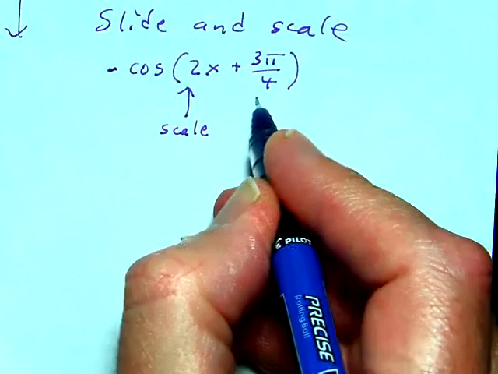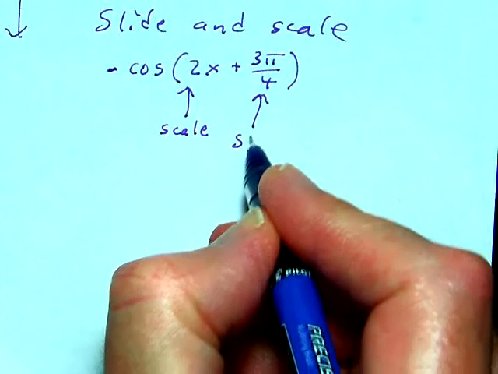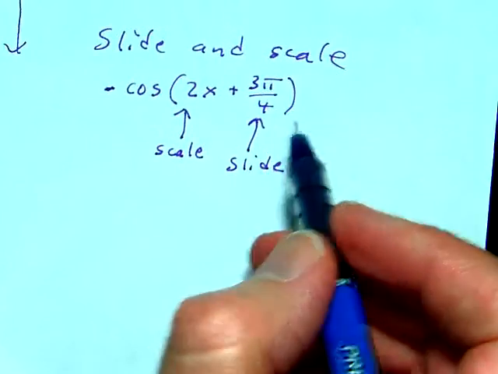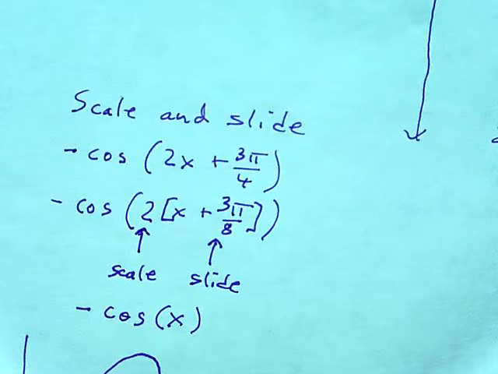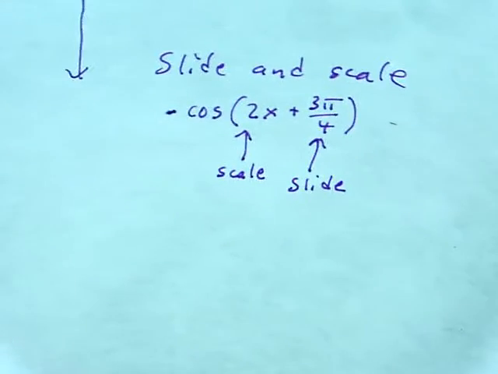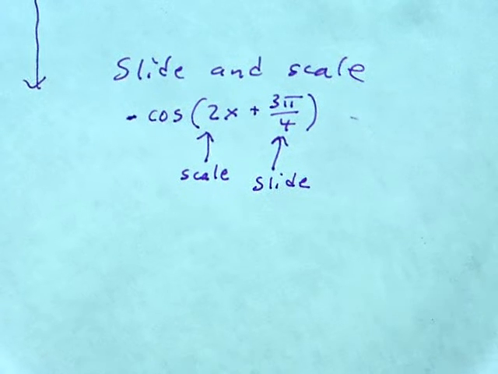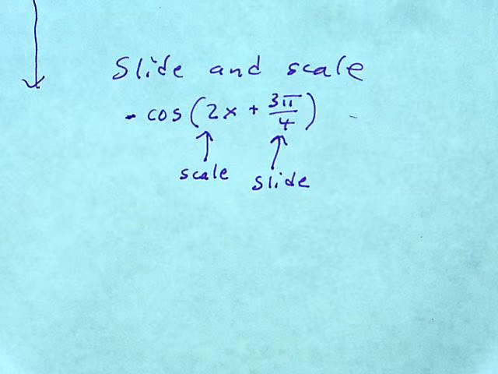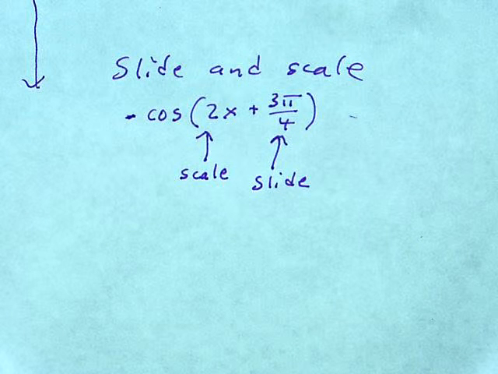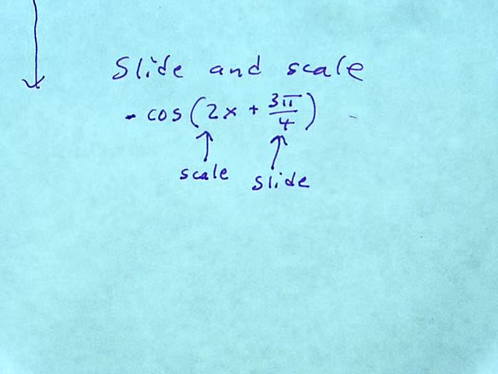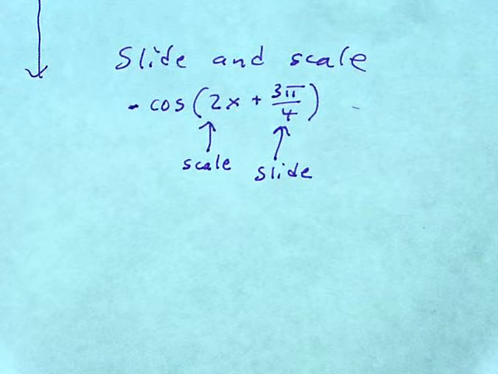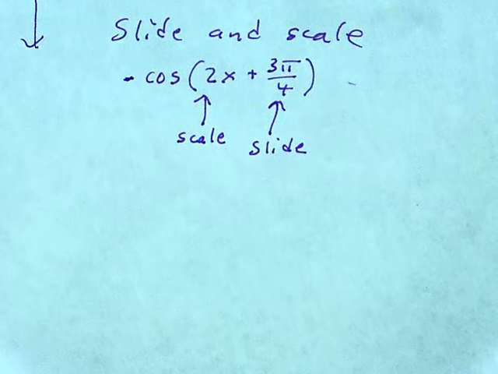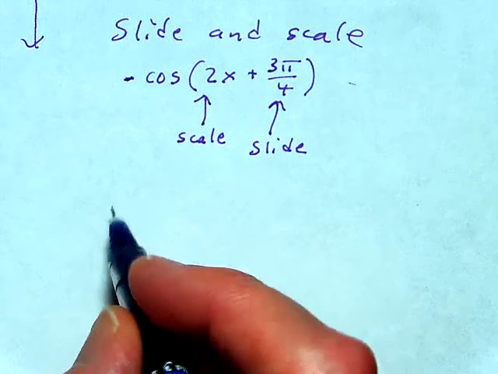It's still 2, but our sliding factor, because we're doing the slide first, is going to be 3 pi over 4. Unlike the other method where we factored, if you do your slide first, you don't factor. You're actually going to slide by 3 pi over 4 and then scale by 2, or by 1/2 actually. You're going to be dividing by the coefficient of x. So let's go ahead and do this.